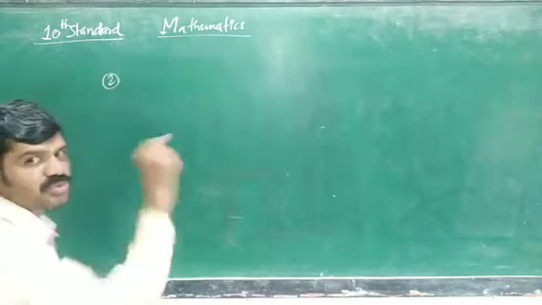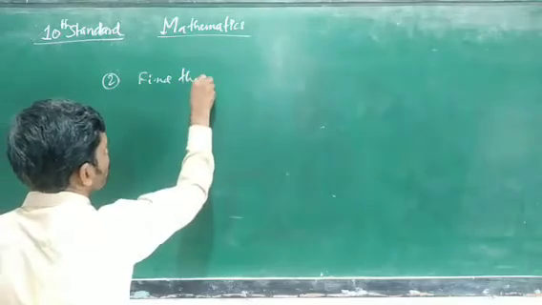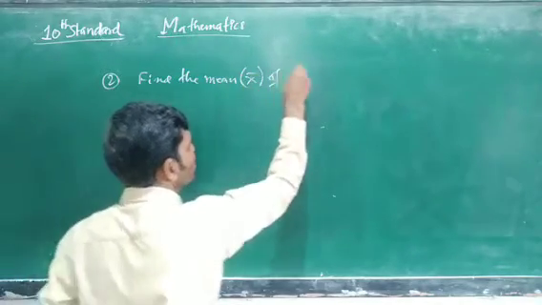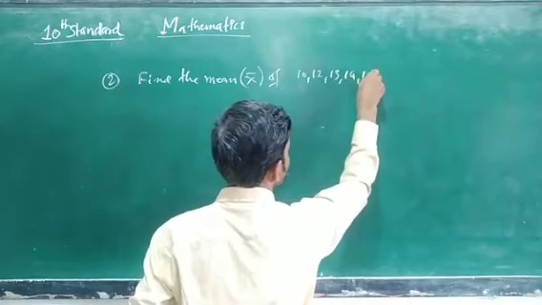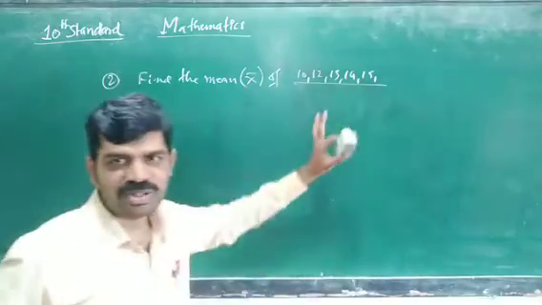General formula. Next problem, you solve it. Find the mean, that is x bar, of 10, 12, 13, 14, 15. Right now, find out the mean of this.